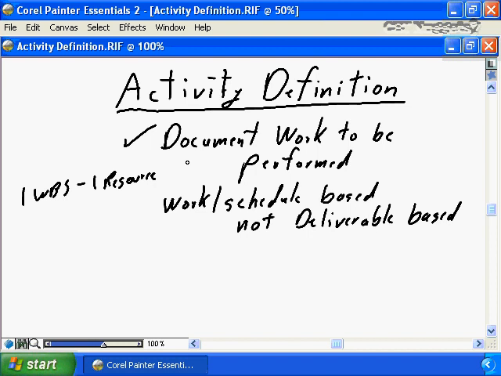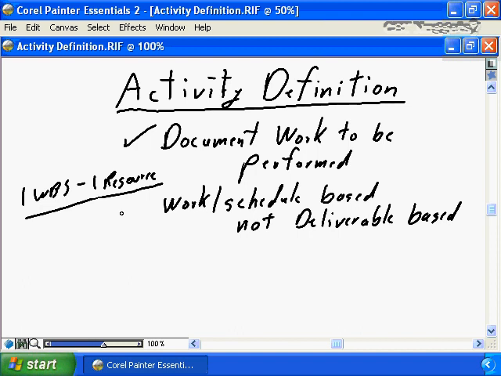An activity-based WBS would break that down where each resource would be assigned to each component, a unique component of the WBS. So effectively, activity definition is a further decomposition of the original WBS that you created during scope definition to document the specific work to be performed, where you're going to have one WBS element assigned to one resource.